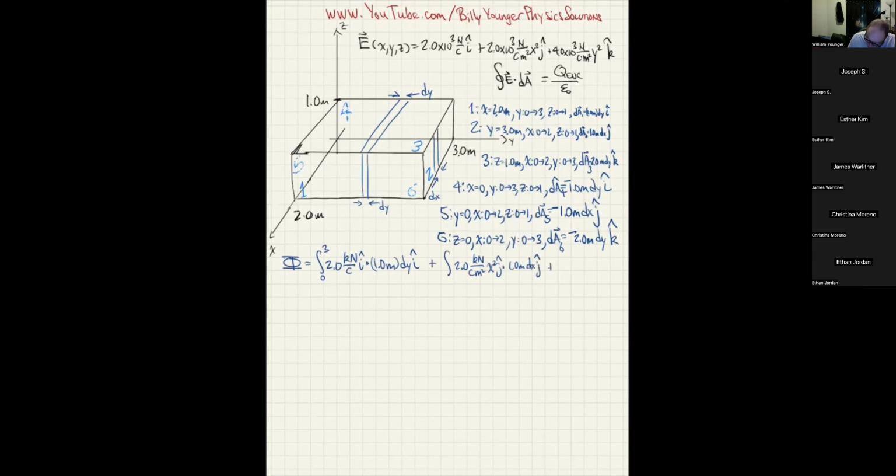And now I get to do my third integral. Oh, by the way, the x is going to integrate from 0 to 2. This one was y equals 0 to 3.